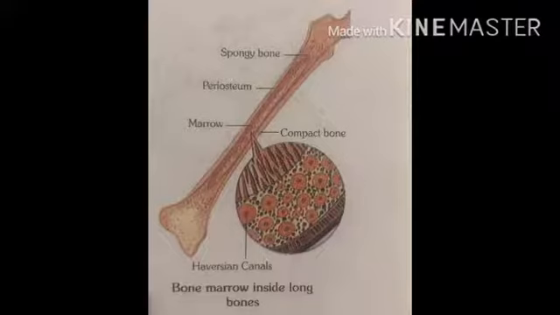First, the upper portion of the bone is a spongy bone, then periosteum, where marrow is, and then compact bone, and Haversian canal. Now this is the magnified picture, so you can see these dots. This is a red blood cell.